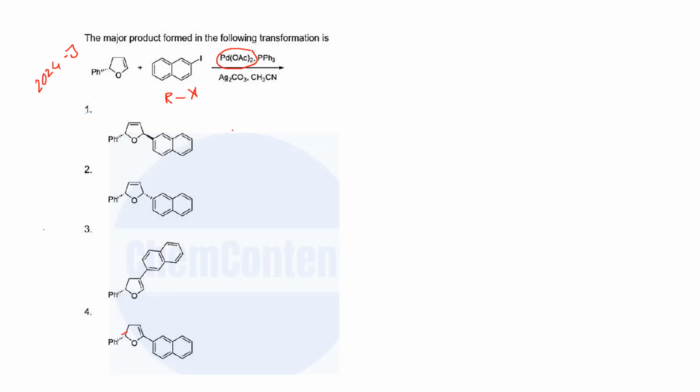Let's go step by step. First, this palladium will undergo oxidative addition into this RX bond, so it will form this organometallic complex. Here R is equal to this naphthalene.